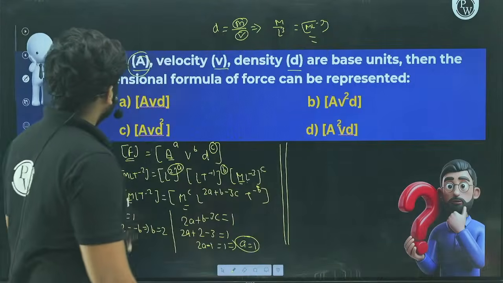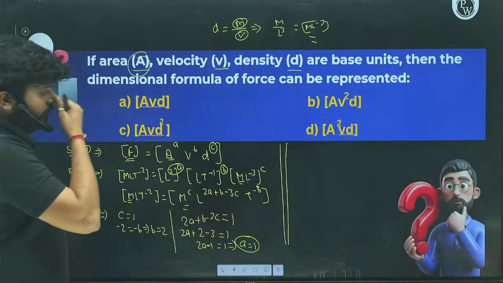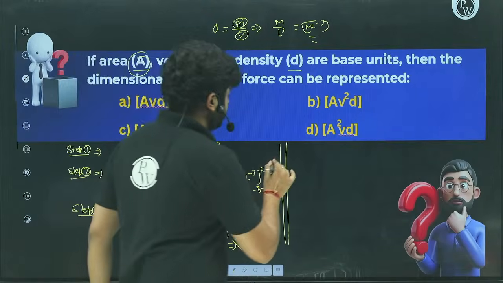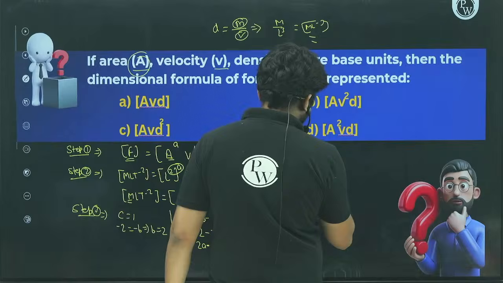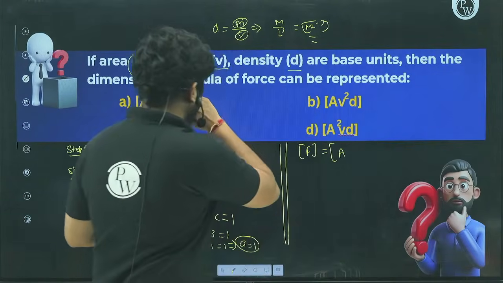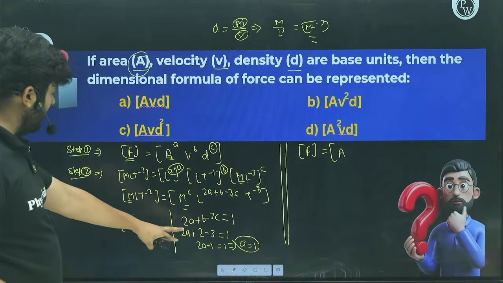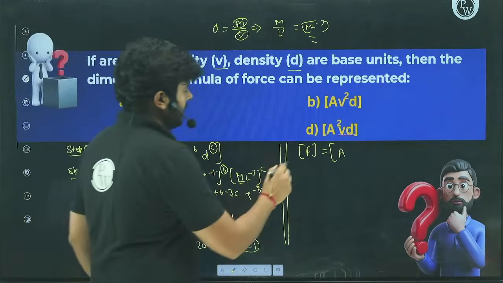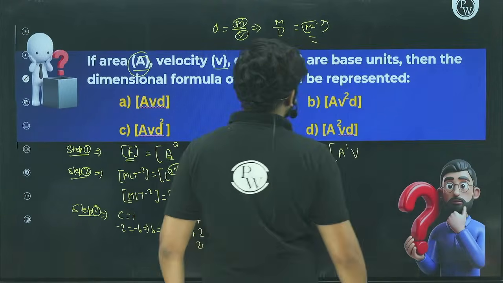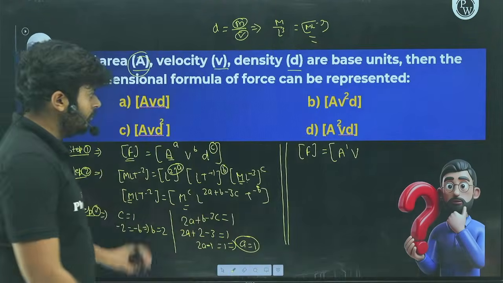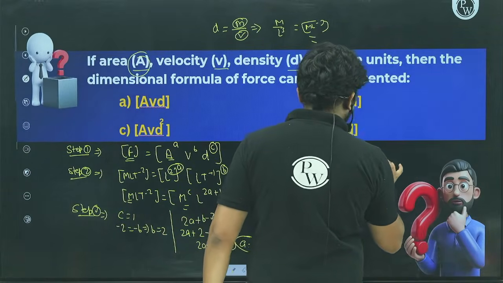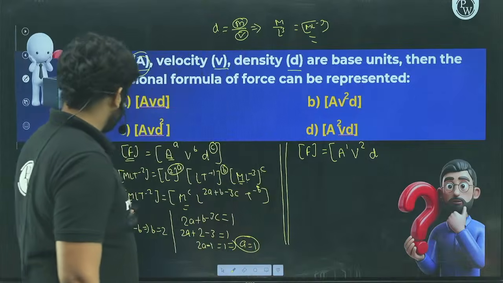And now what we can do is write the dimensional formula of force. So look at the assumed relation. The dimensional formula for force is density to the power A, where A is calculated as 1, and velocity to the power B, where B is 2, and the next thing is density, so density to the power C, where C is 1.